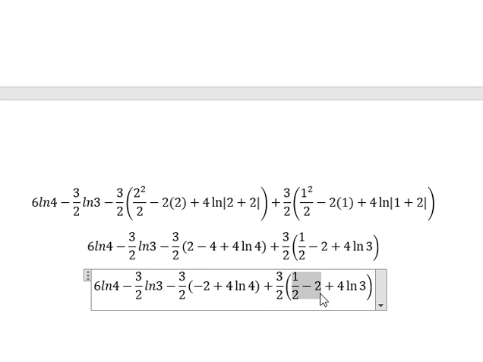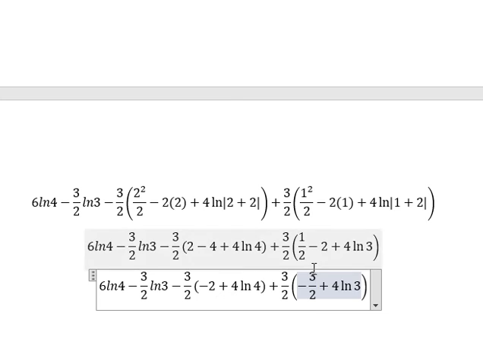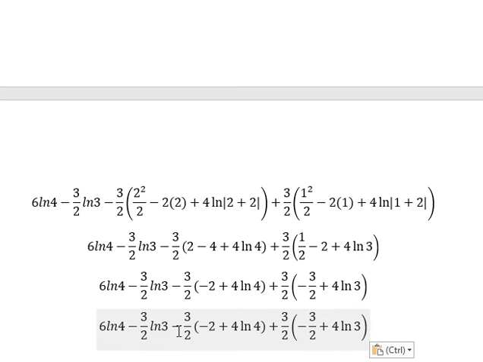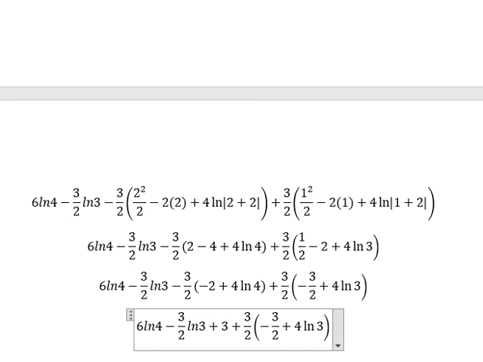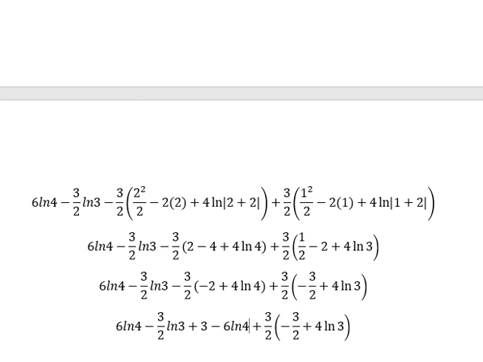This one you got negative 3 over 2. So negative 3 over 2 multiplied by negative 2 and 4 ln 4. So we have 3 and we have negative 6 ln 4.